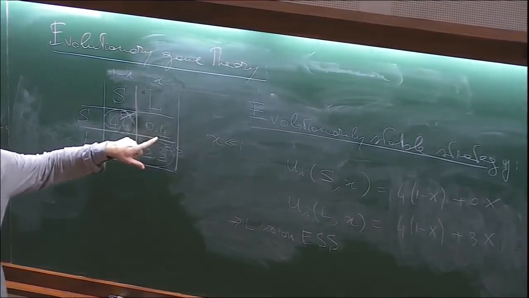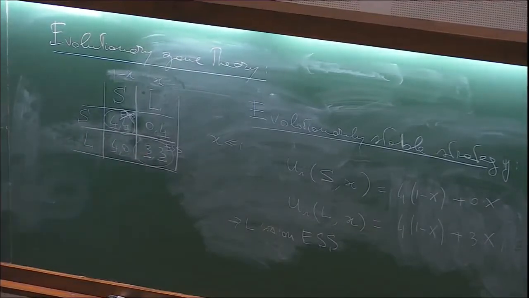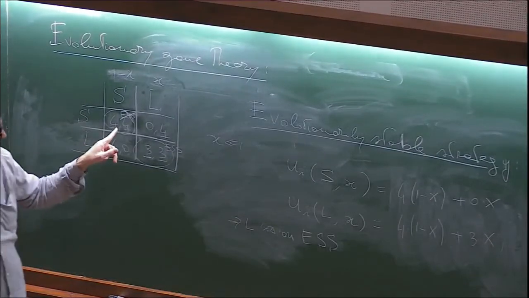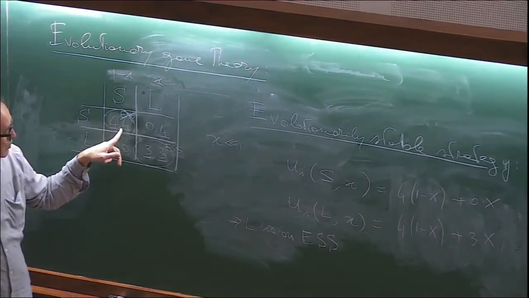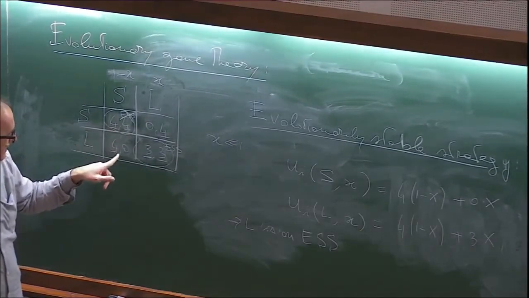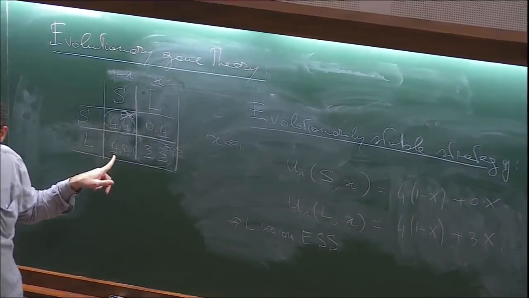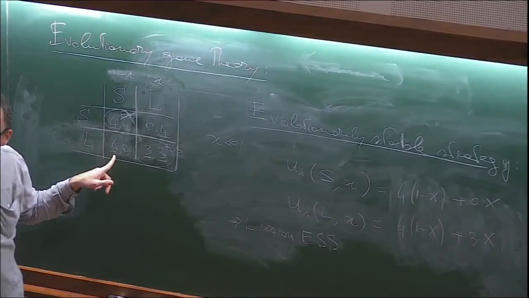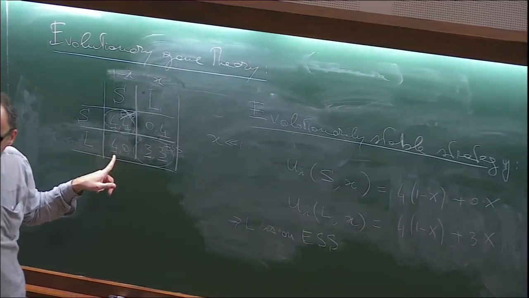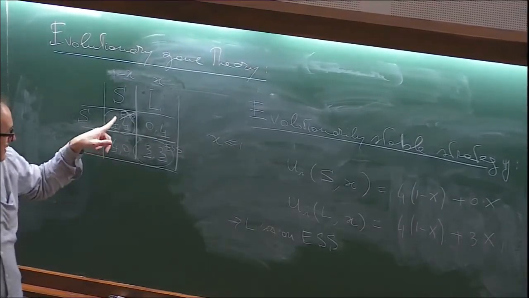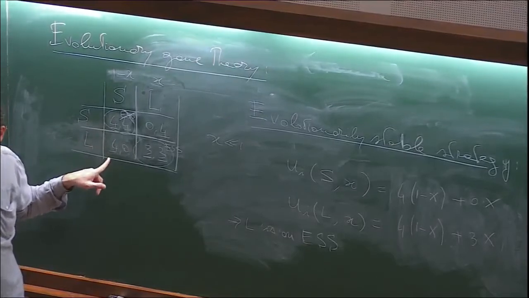So this is not a strict Nash equilibrium; a strict Nash equilibrium is one where any deviation incurs a positive loss in utility. Instead here, you see that player 1 can deviate and play L, but will still get 4. Okay, so this is not a strict Nash equilibrium, and it's not even an evolutionary stable strategy.